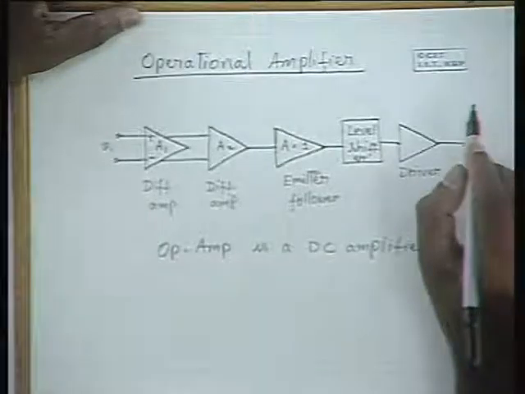Hence, we cannot use coupling capacitors to isolate the DC from one stage to another, because if you use coupling capacitors, this DC is blocked and then you cannot amplify the DC signals. Hence, no coupling capacitors are used in an operational amplifier. Similarly, no bypass capacitor is used in an operational amplifier.